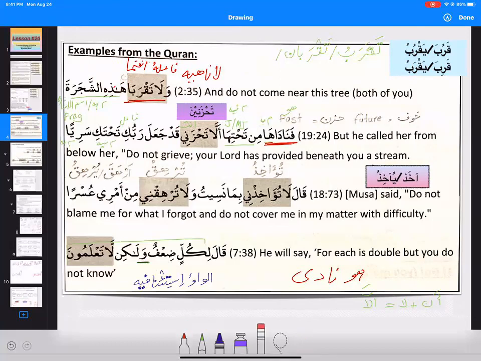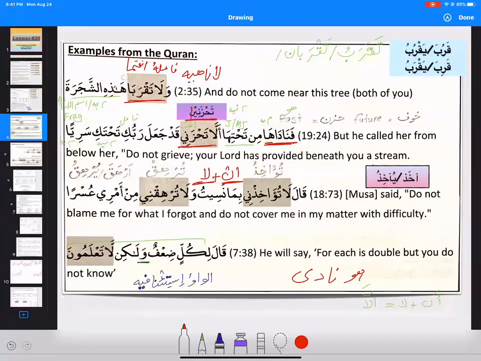For fanadaha, so he called her min tahtiha, from underneath her, Alla tahzani. So basically this is an plus la. Alla tahzani. And this an is not affecting anything over here, because la nahiya is acting over here, affecting the fil mudari. So this is tahzanina, this is anti, and then we drop this noon, and this is how it stays tahzani, this ya.